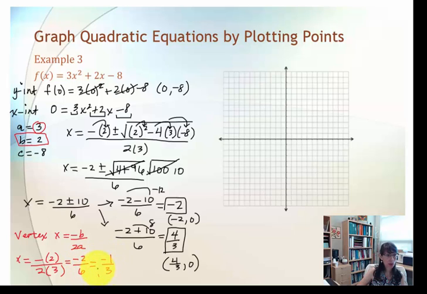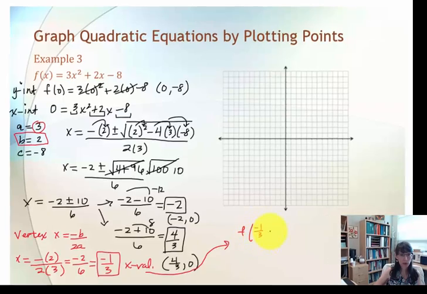So that's negative 1/3. Remember, that's just the x value for the ordered pair describing the vertex point. So this means we need to substitute this fraction for x back into the original quadratic equation. So I'm going to continue over here. With our function, we're looking for f of minus 1/3.